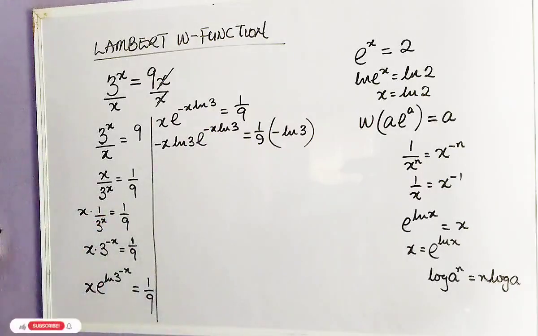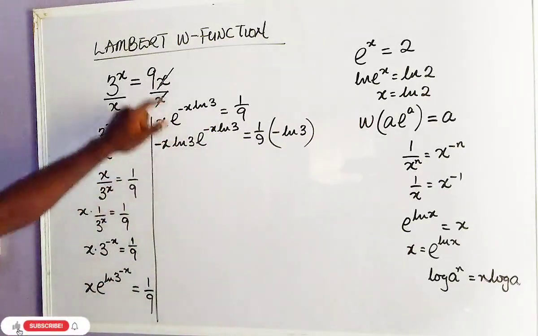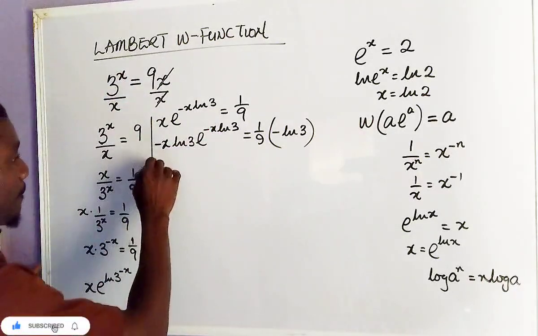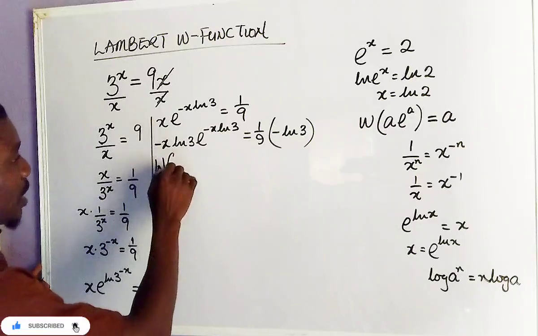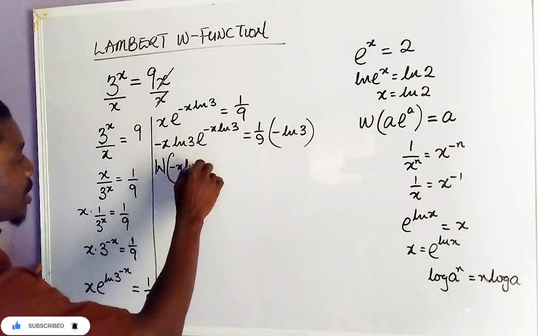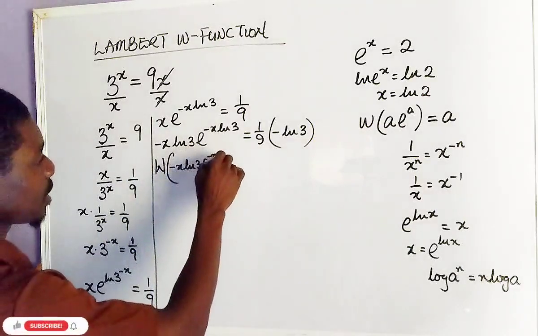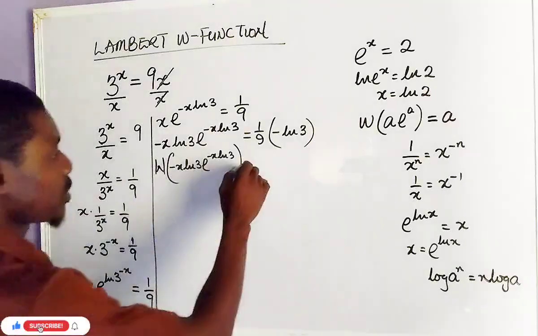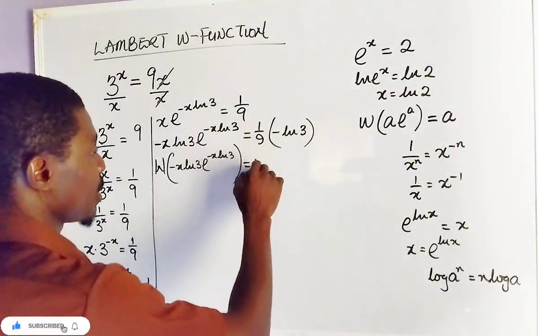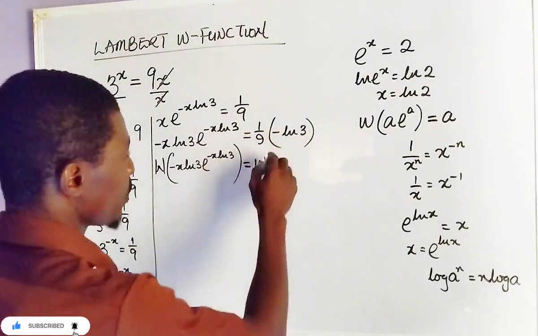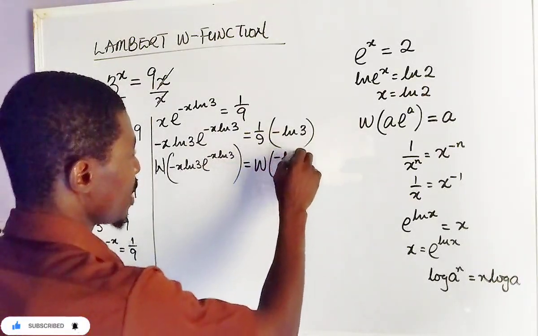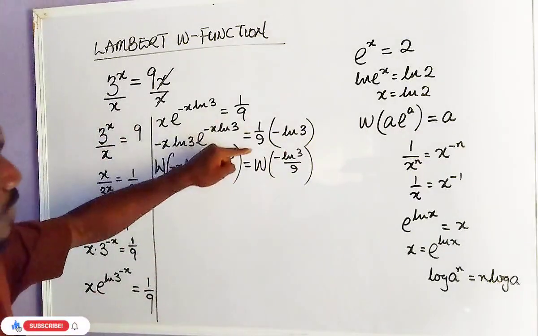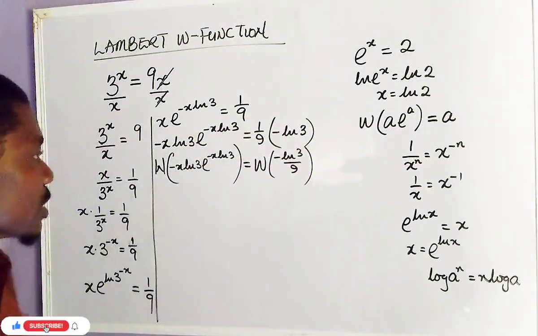I guess we've gotten to that point where we can now apply the Lambert W function. So we now see W of negative x ln 3 e to the power of negative x ln 3 equals W of negative ln 3 all over 9, right? Yeah, because 1 over 9 times negative ln 3 will give us this.